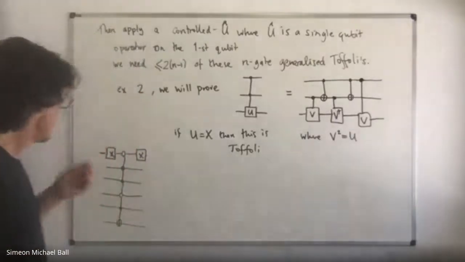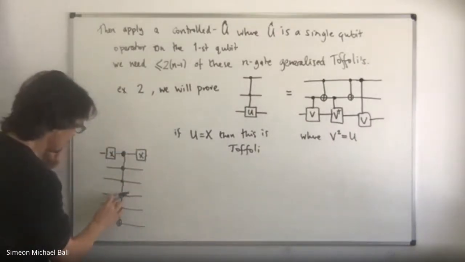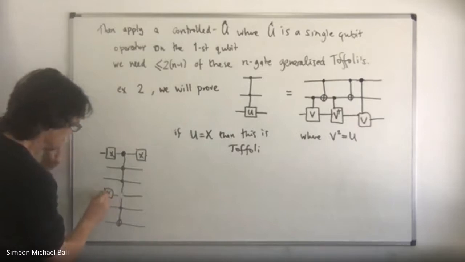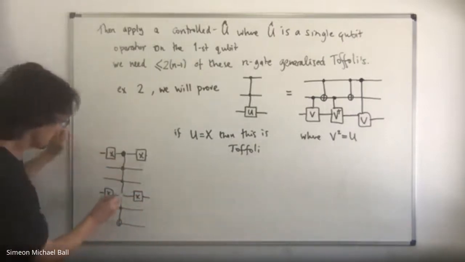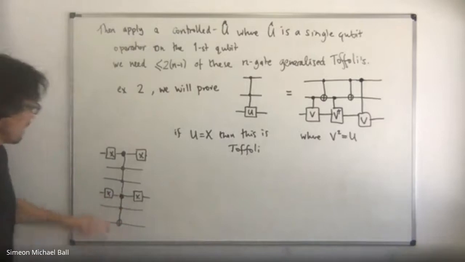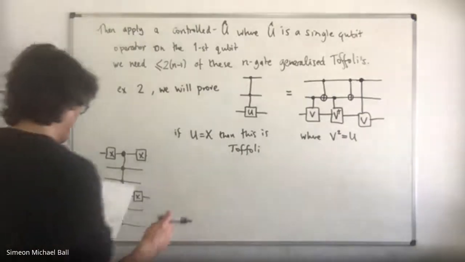So I can change this to these 2 black dots by putting X's here. Remember, the X will just flip the 0 to the 1, the 1 to the 0. So it's enough to be able to just do the ones where they're all black. Using the exercise, we have that.